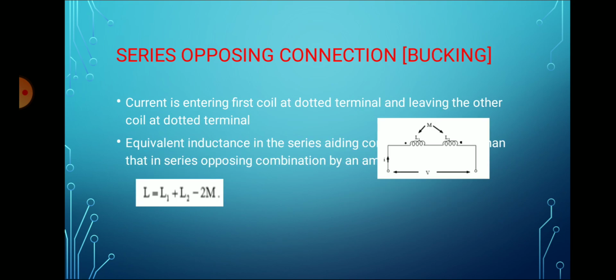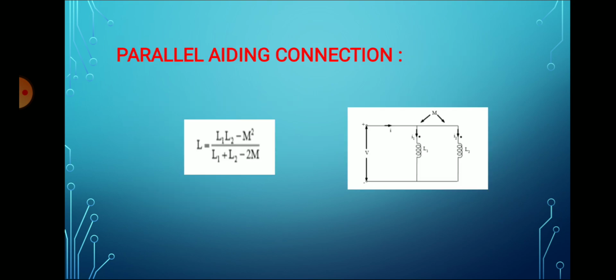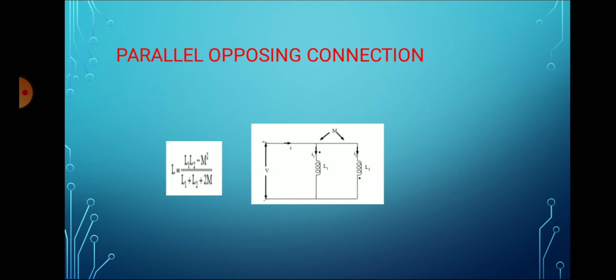In series opposing, the self-inductance L is equal to L1 plus L2 minus 2M. In parallel aiding connection, inductance L equals L1 L2 minus M square divided by L1 plus L2 minus 2M. In parallel opposing, L equals L1 L2 minus M square divided by L1 plus L2 plus 2M.